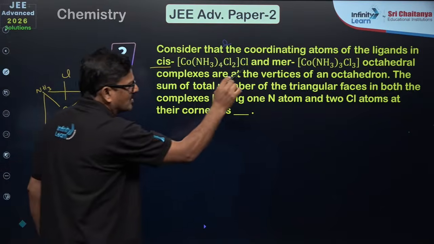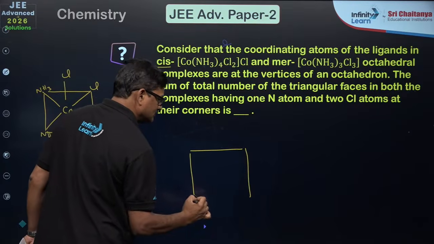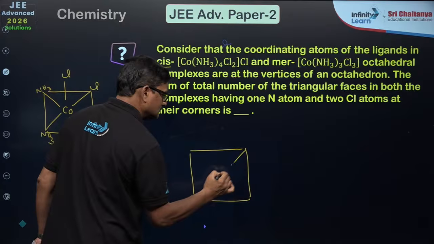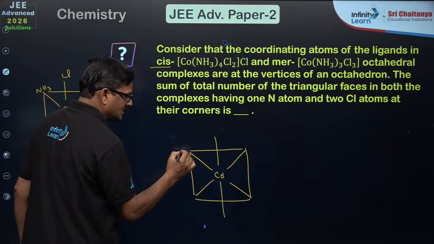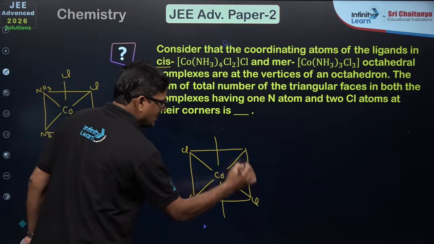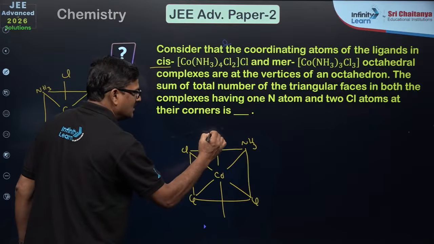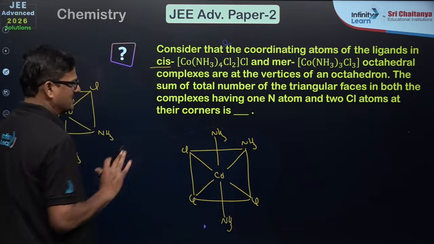And the mer isomer of this, Co(NH3)3Cl3, here it is going to be Cl, Cl, and NH3, NH3 and NH3. You can do either way.